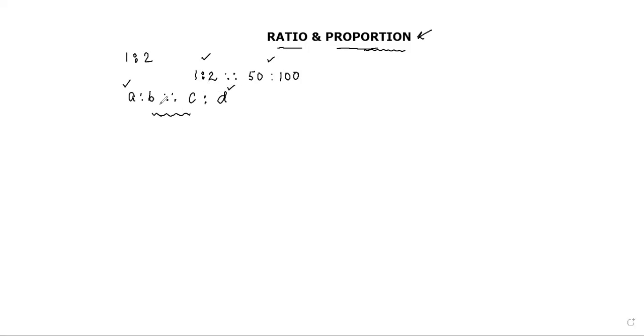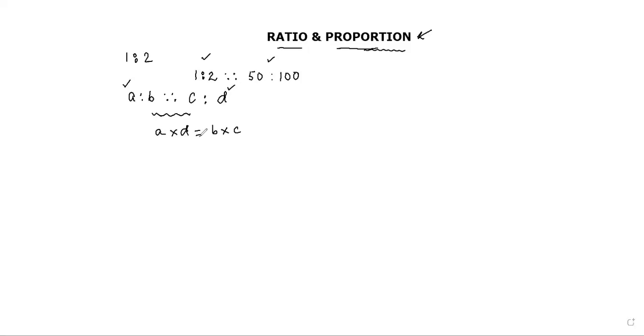We also call the middle ones means. So means or middle ones are B and C, and the extremes are A and D. So A into D is equal to B into C.